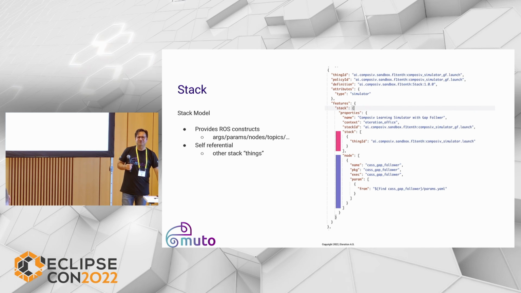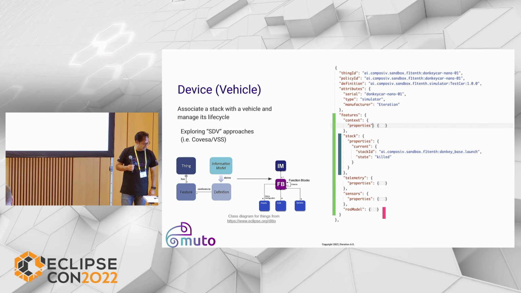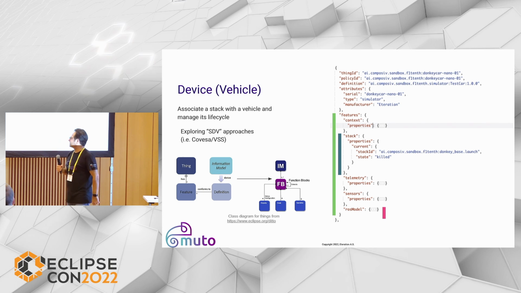And of course, when you put them into a digital twin, you can use the security provided by the digital twin in terms of who can see and modify these assets. The device is basically, it can be a car. It currently follows the model that's provided by Ditto. You can use different information models to capture things that are irrelevant to Muto.